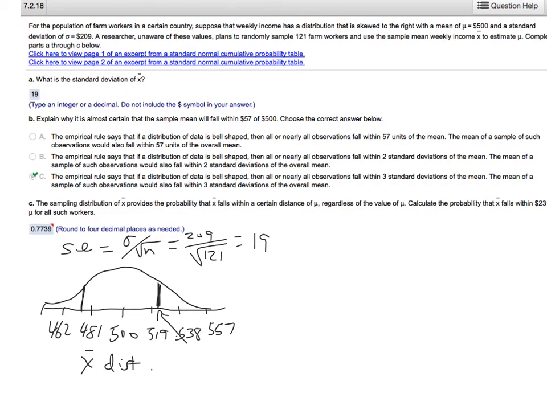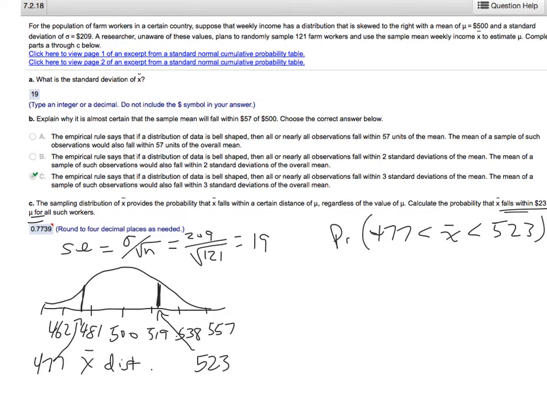I know exactly where this is. This is 523. That's $23 above the mean. And this is 477. So within $23 of mu is the same thing as saying, I want to know what's the probability that I get an X bar that's between 477 and 523.